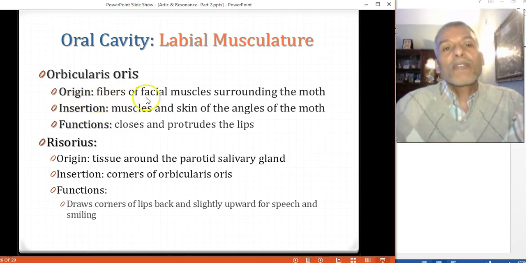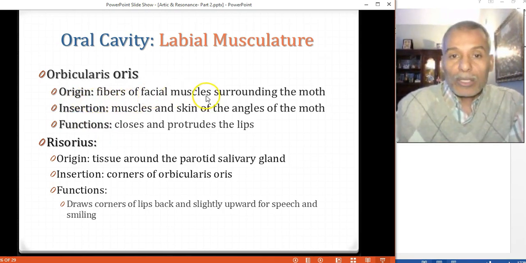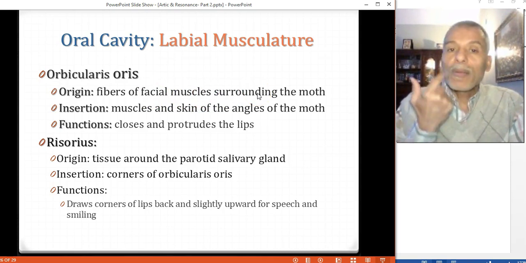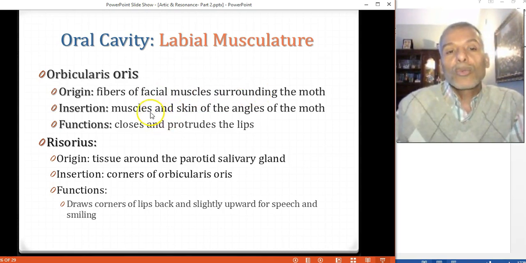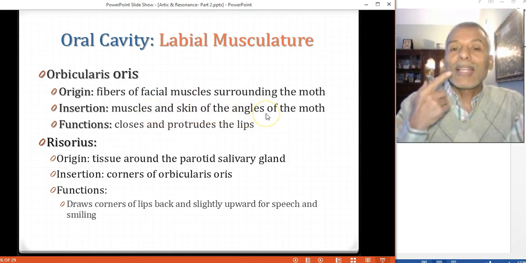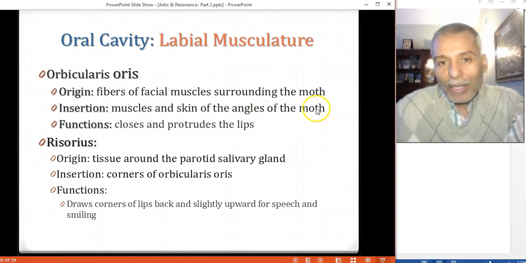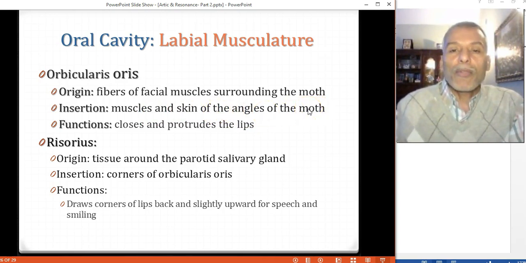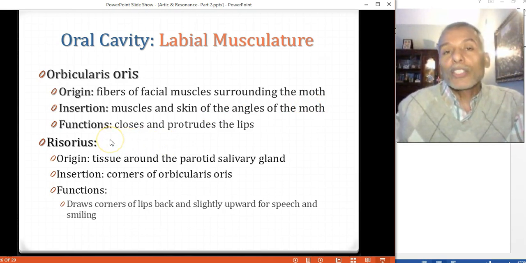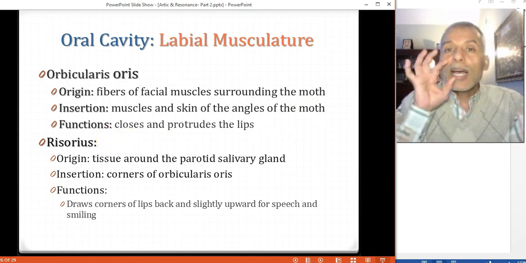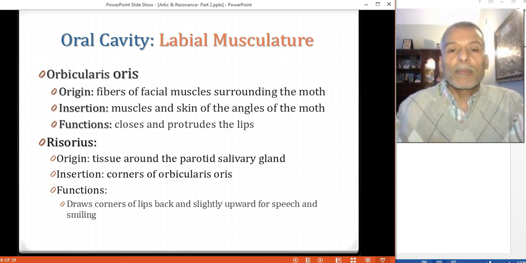It originates on the fibers of facial muscles that are surrounding the mouth, and it inserts onto muscles and skin of the angles of the mouth. And the functions are to close and protrude the lips.